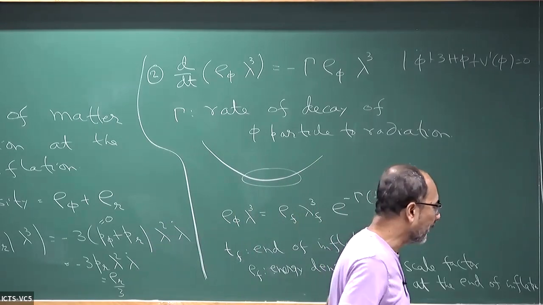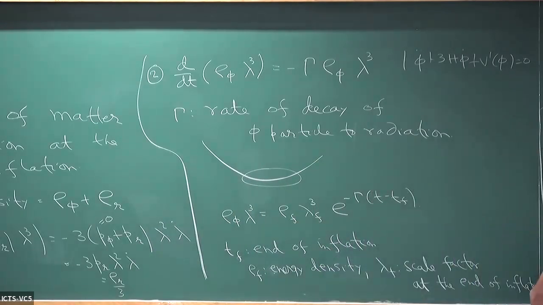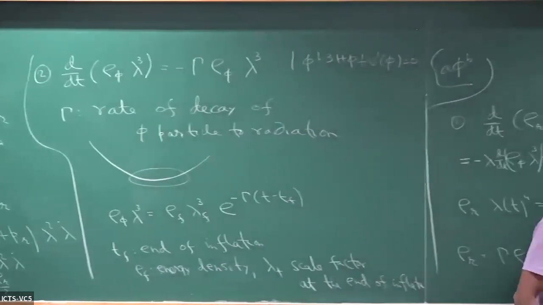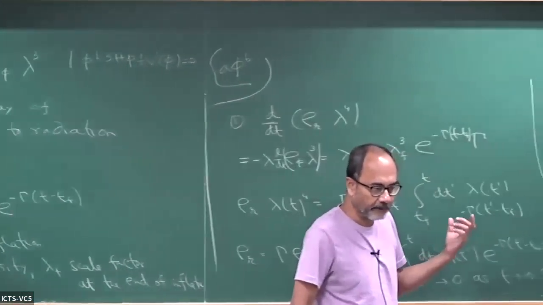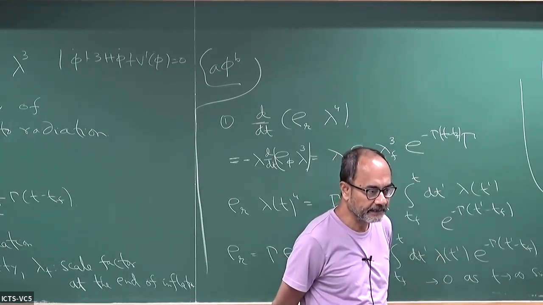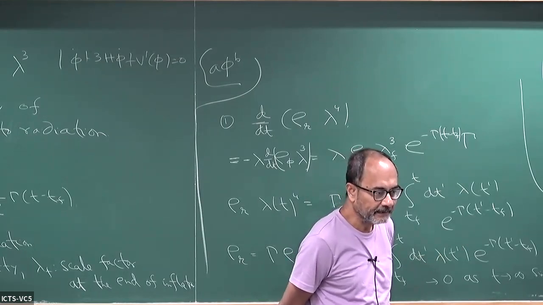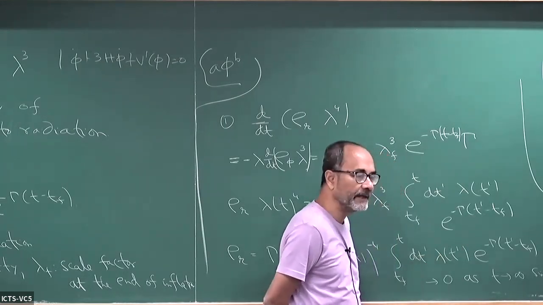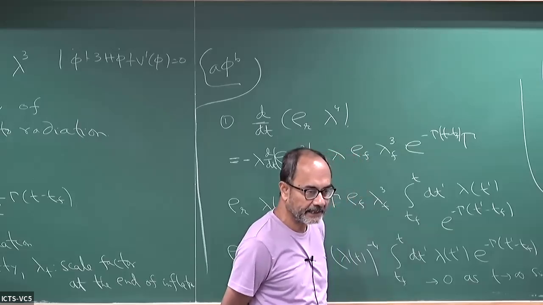But these integrals get saturated very fast, because this gamma, as I said, is a microscopic value. In terms of time scale, it's like say 10 to the 10 GeV inverse. That's the kind of time scale we are talking about.